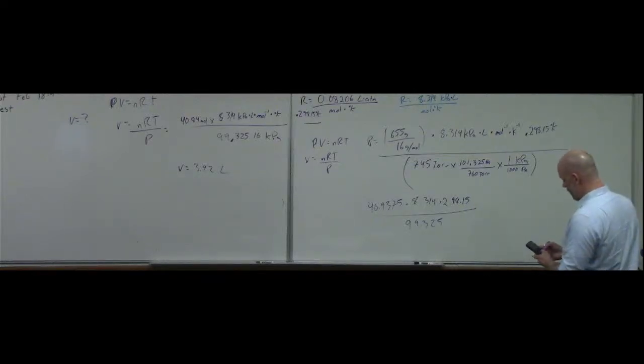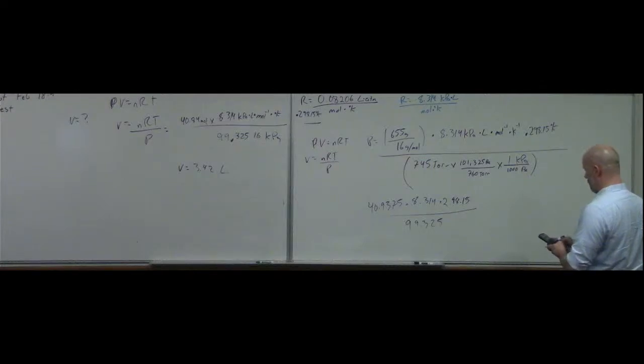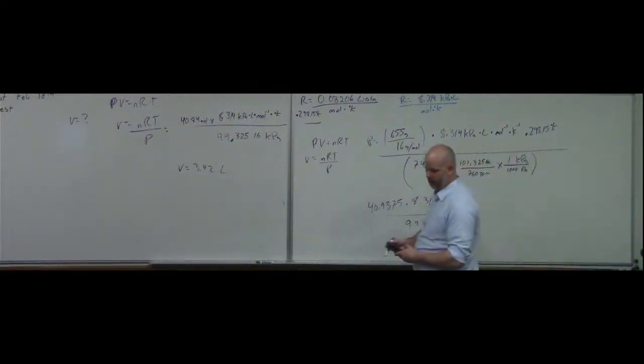All right, so now we run all this. We get 40.9375 times 8.314 times 298.15 divided by 99.325, and that doesn't look right either.